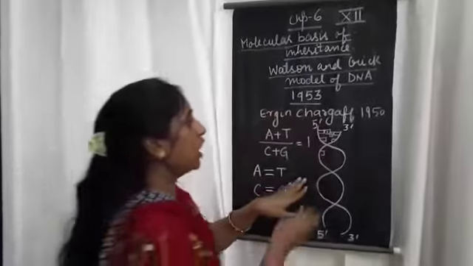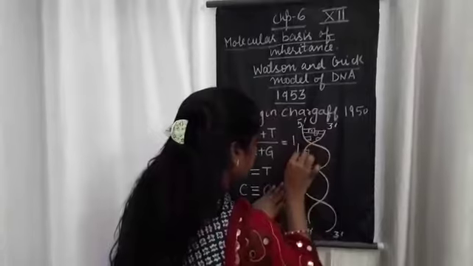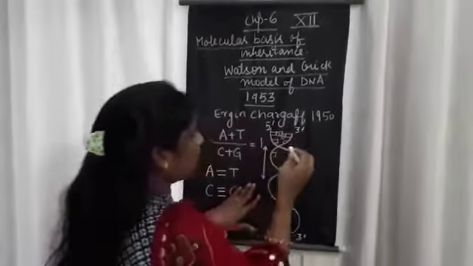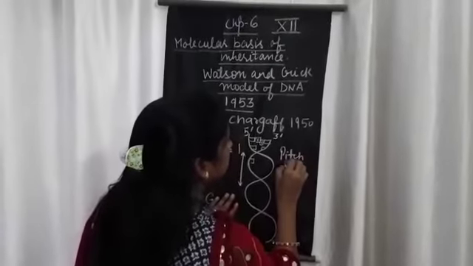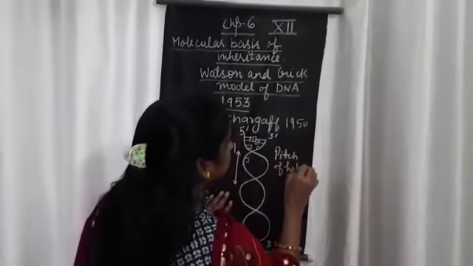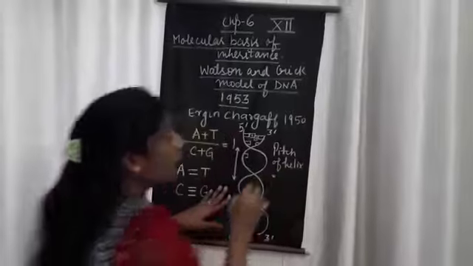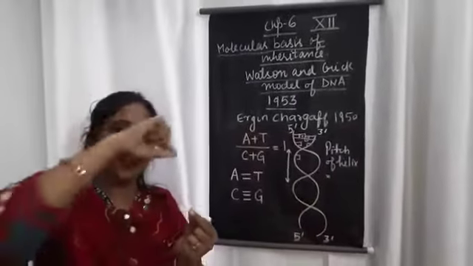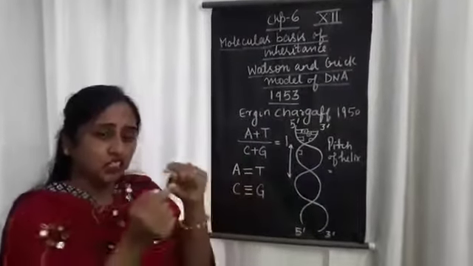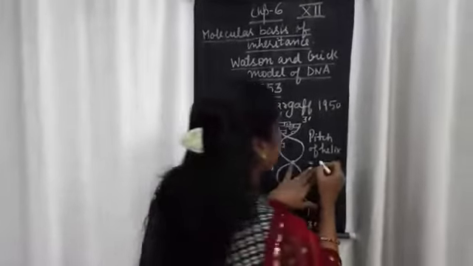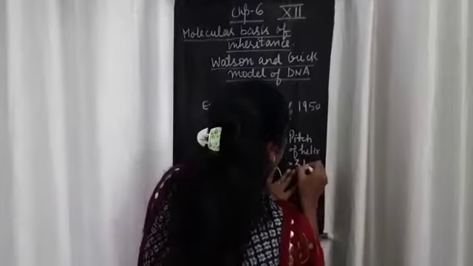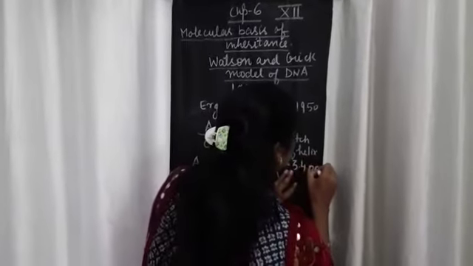Now we'll be coming to the pitch. The pitch of the helix means, suppose, have you seen a spring? The spring goes like this. So the height of one turn of that spring will be 3.4 nanometer.